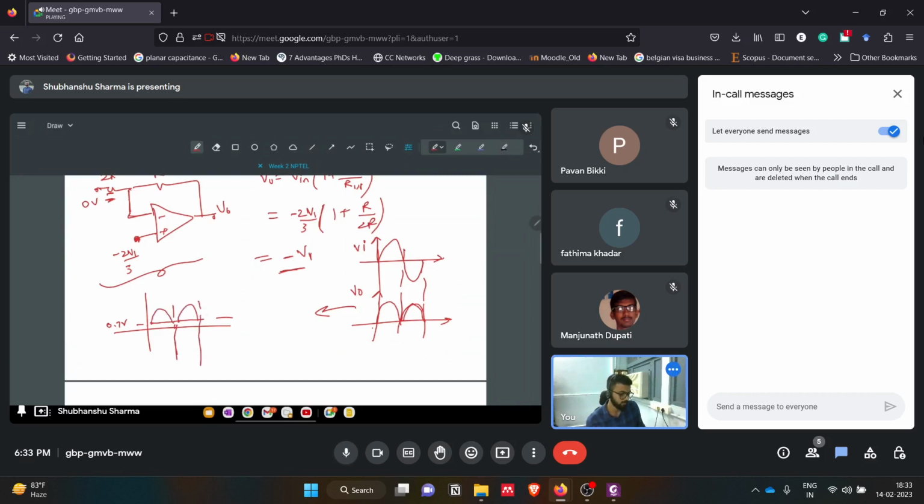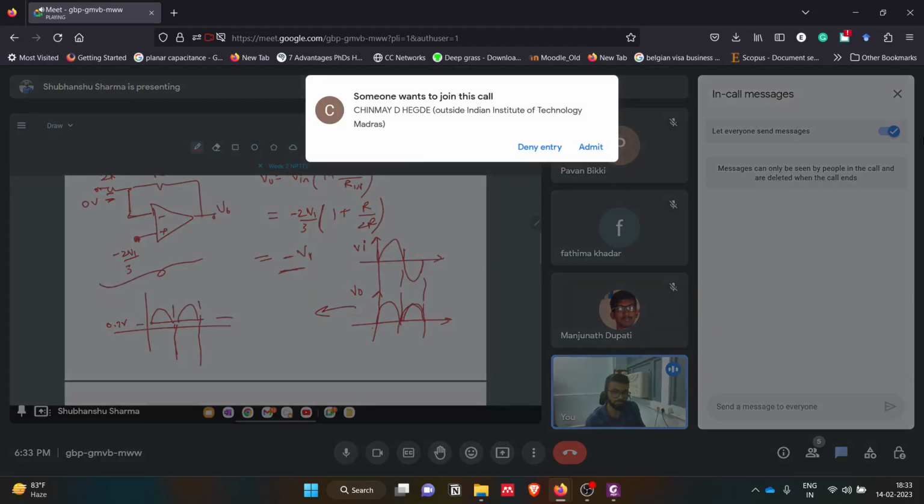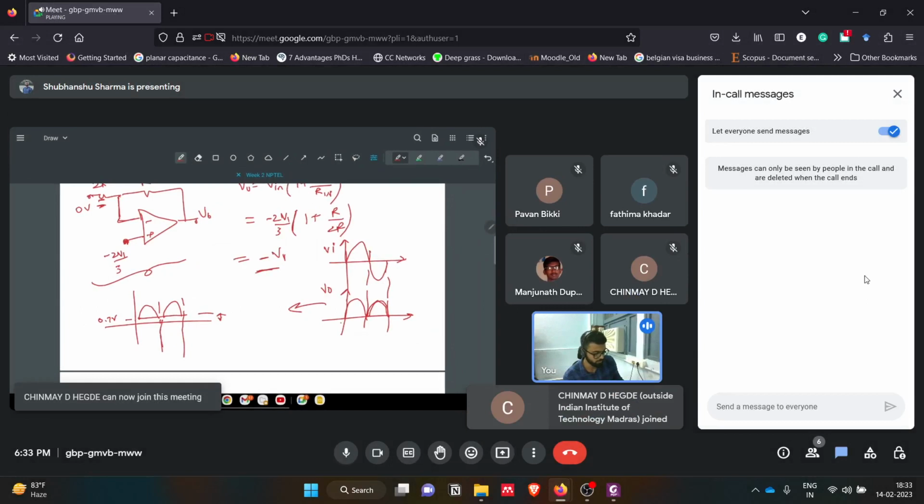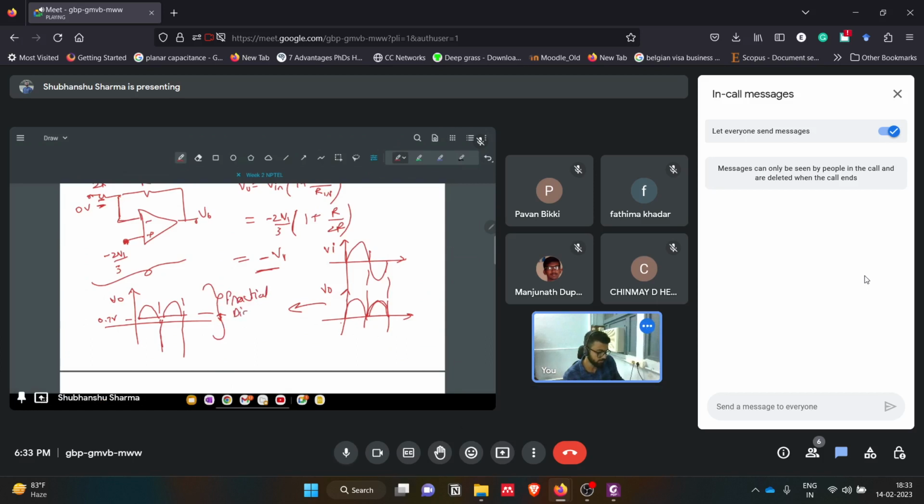Because of this, this much portion will be removed. This is the output for practical diodes, and this was for the ideal diodes.